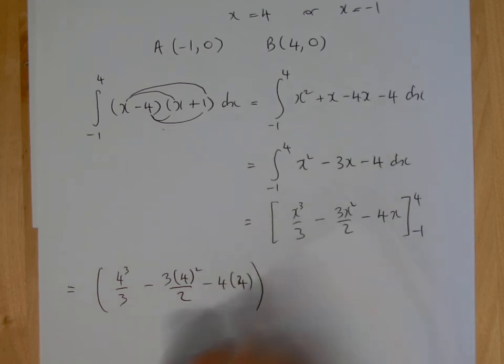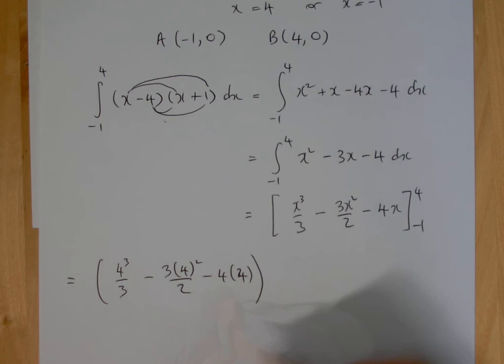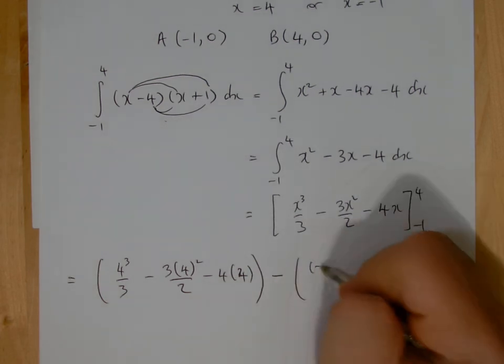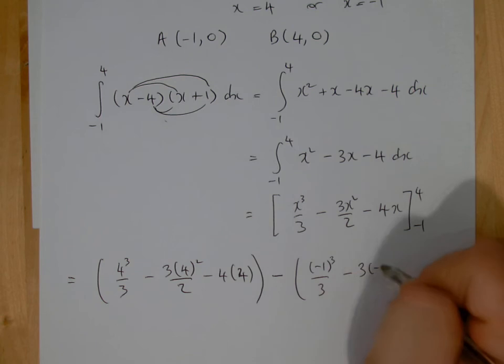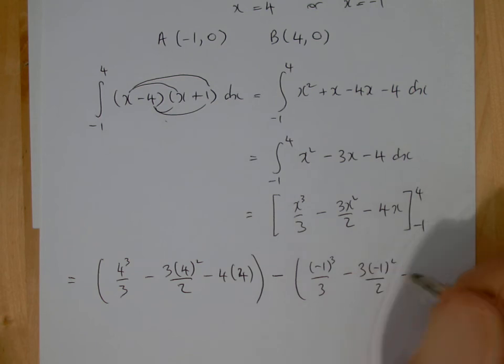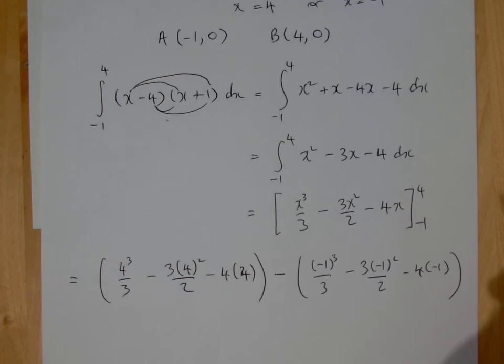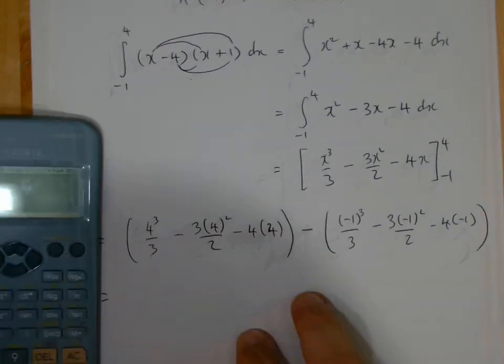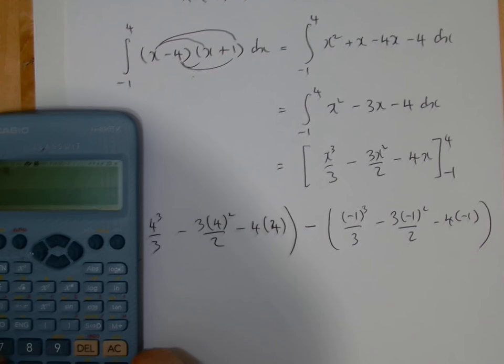Using brackets carefully there, we put 4 in there. Take away, then, let's put the minus 1 in here. Then we'll work out the first bracket.